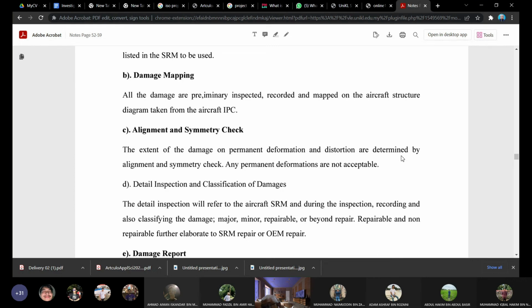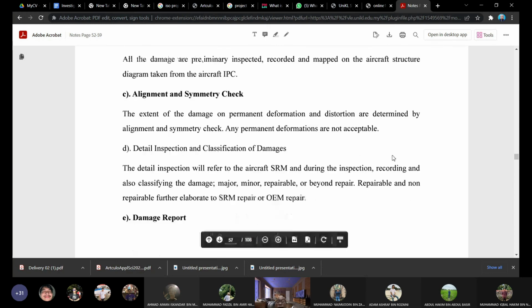Those are the kind of options normally given in the structure repair manual, which we have to determine for each defect that we found, so we can easily make a projection of the potential repair required, what the costs are, and how long the aircraft will be in the hangar for the structural integrity to be restored.